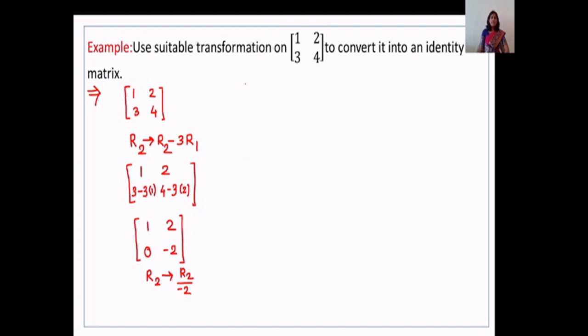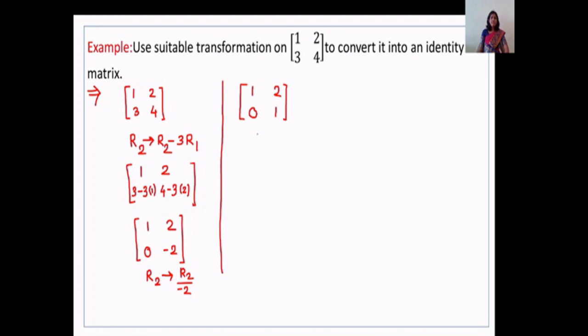What will we get? There is a change in R2, so R1 as it is, 1, 2. Here is 0, and we divide minus 2 by minus 2, we will get 1. So this is our 1.